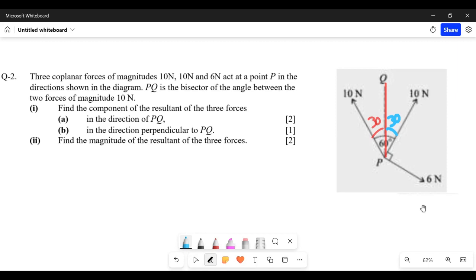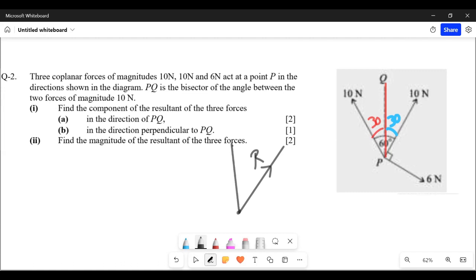Find the component of the resultant of the three forces. So now you can remove the three forces and say that there's a resultant force acting on the object, let's say in this direction, R. So you have to find the component of the resultant force in the direction of PQ. PQ is here, so that means the Y component, that's the Y component of R. And in the direction perpendicular to PQ, that is the X component.